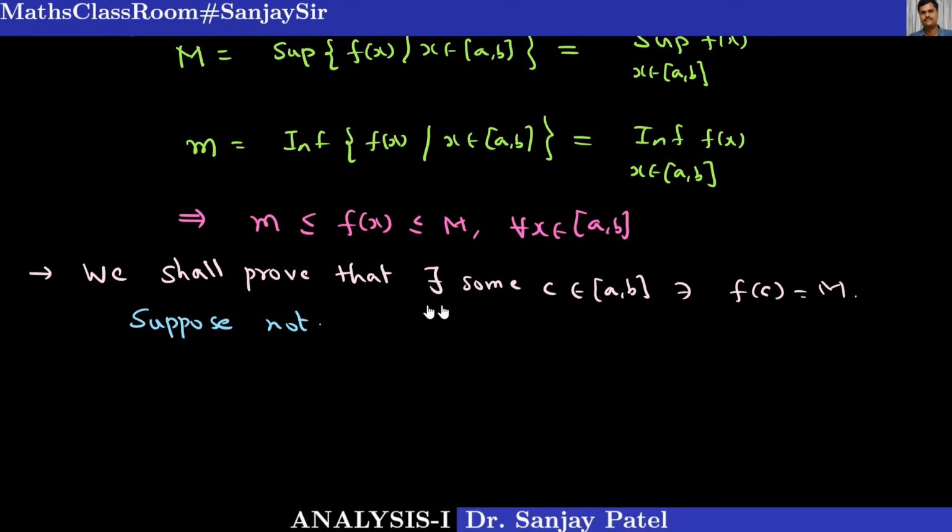Means this statement which we want to prove is not true. So that is, there does not exist some point in closed interval AB such that f of c is equal to M. So I can say there does not exist x in closed interval a comma b such that f of x is equal to capital M. So we are assuming that this is not true.